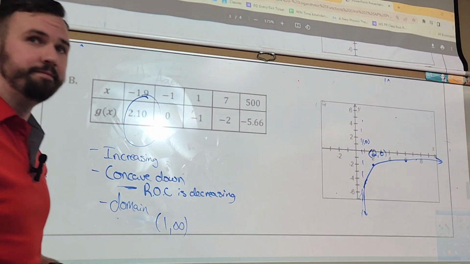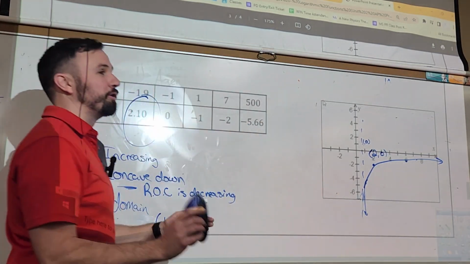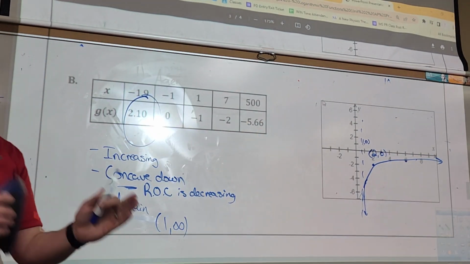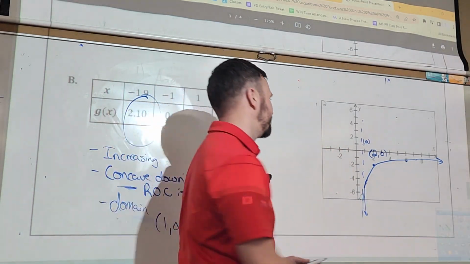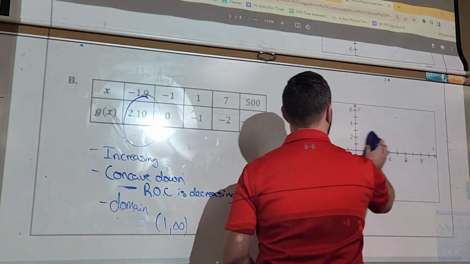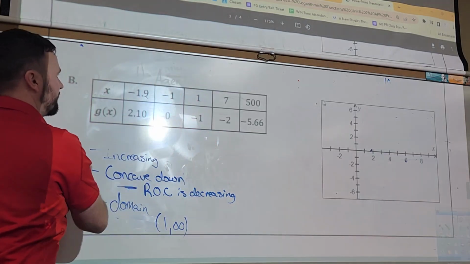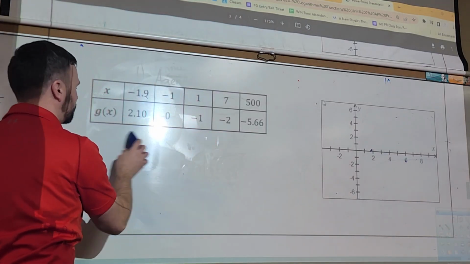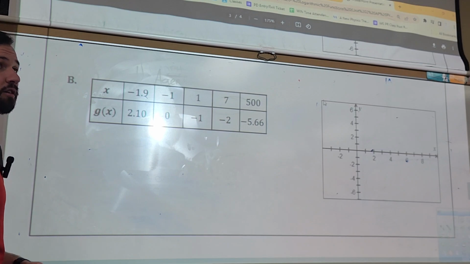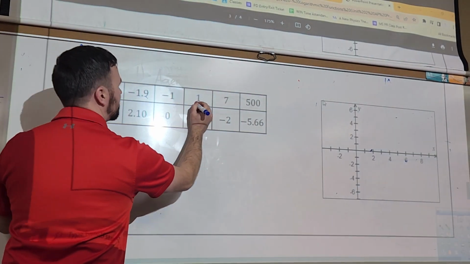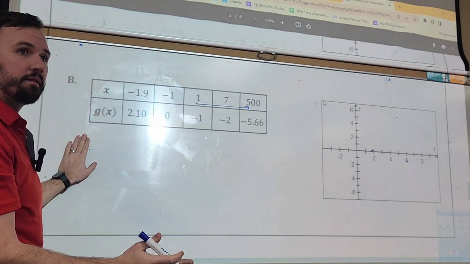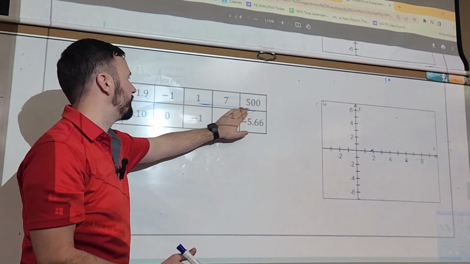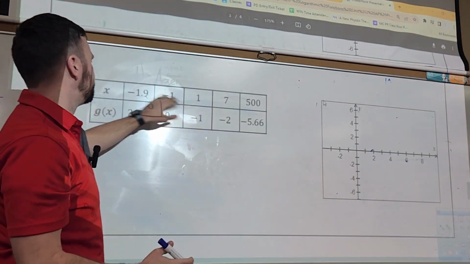Everything we're learning about logs is true in reverse for exponentials, and everything we learn about exponentials is true in reverse for logs. So let's say I had a homework question: is it exponential or is it a log? My x gets huge, but my y doesn't. That's a log. If it's reverse, it's an exponential. Okay?